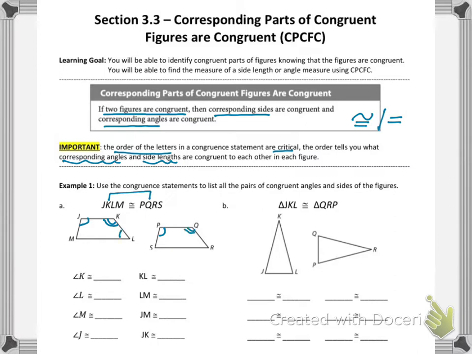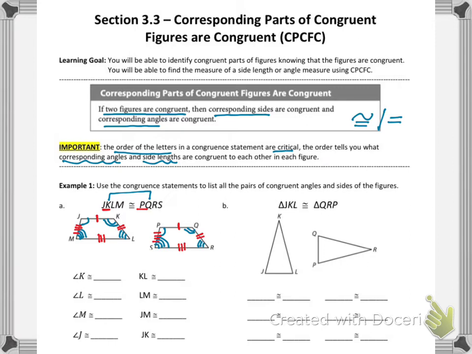Angle L, 1, 2, 3, would match up with angle R, and then we would have to use a fourth marking for angle M, 2, 3, 4, and that would go with angle S. So that's how we could mark it. And if I was marking sides, I could, for instance, say that side JK, which is right here, goes with PQ. I could say that KL goes with QR, LM goes with RS, and JM would go with PS. So that's what we're doing here, we're just matching these up.